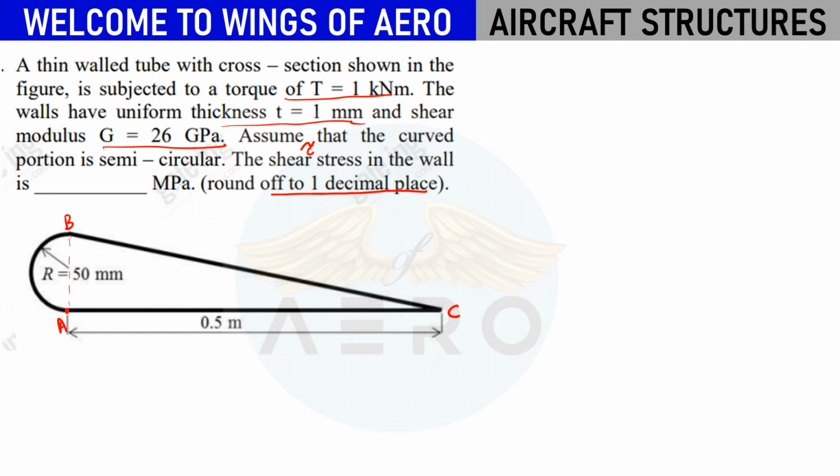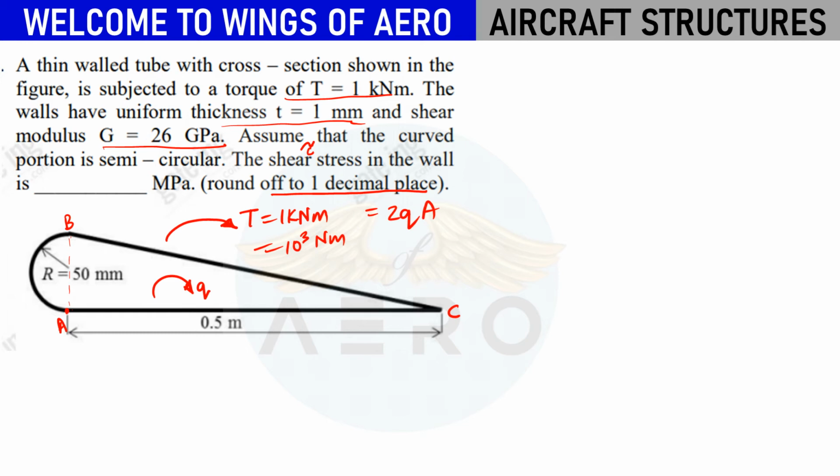And the torque is applied in this way, that is T, that is 1 kilo Newton meter, that is 10 power 3 Newton meter, right? So it's going to be Q. So T equals 2QA, right? Now what is this A? A can be found from the area. One is a semicircular, another is a triangular. So find out and tell me.